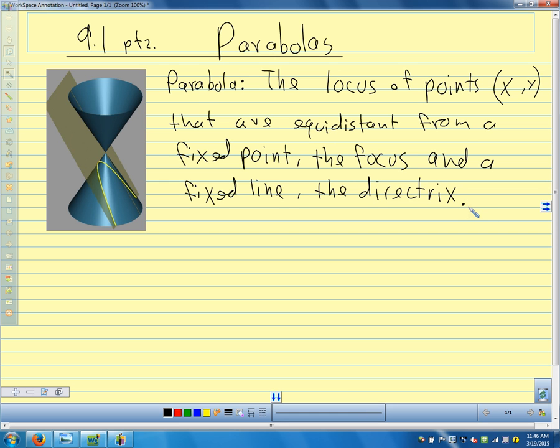So let's draw a picture and talk about what this is telling us. So what we have is here's our parabola. Just like when we talked about parabolas before, the point here at the minimum, or at the maximum, is our vertex.